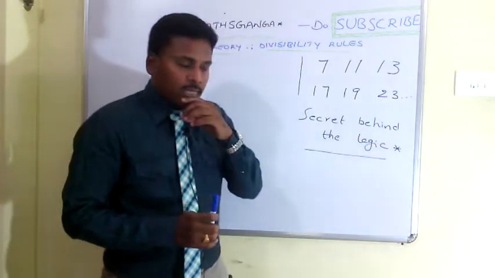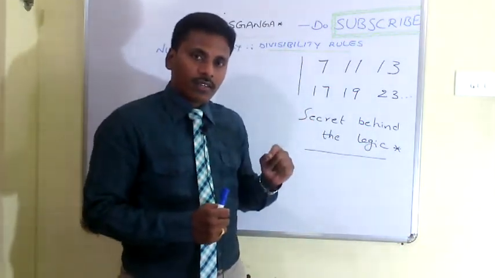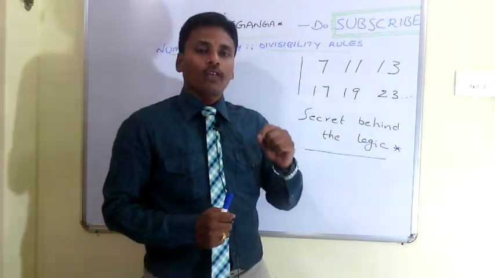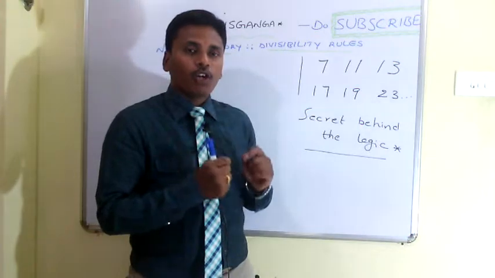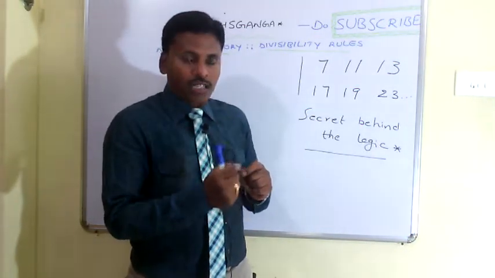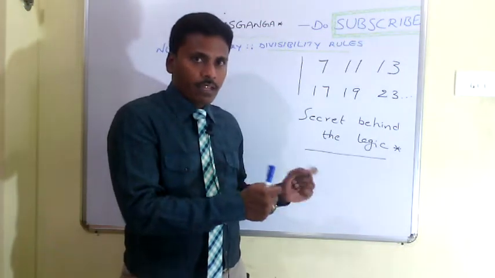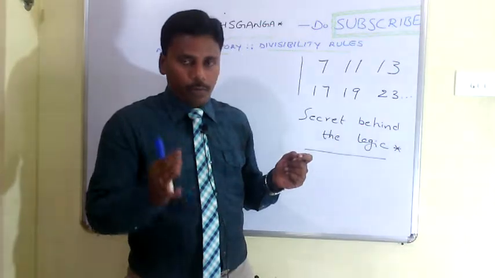Now see, we discussed the divisibility rules for these numbers. What did we discuss about 7? We mentioned the divisibility rule of 7 in two ways. In the first way, we need to multiply the last digit of a given number by 2 and subtract it from the remaining number. Continue the process to reach a known 7 multiple.